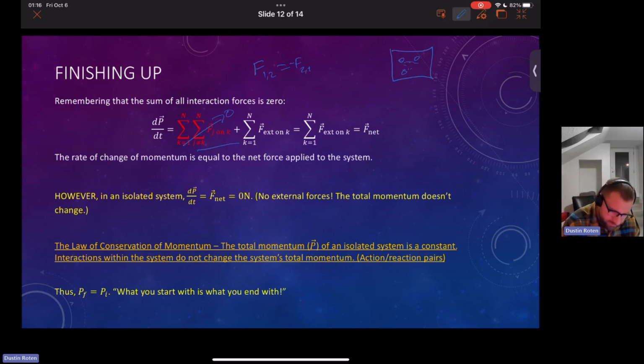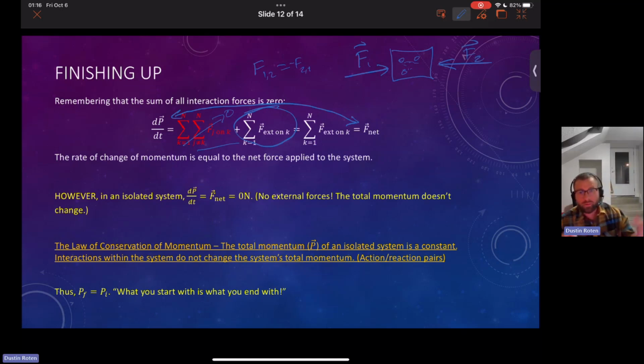And look at what we're left with. We're left with just the external forces. So it turns out, now the sum of the external forces, that's just the net force. That's just the net force like this. There we go.